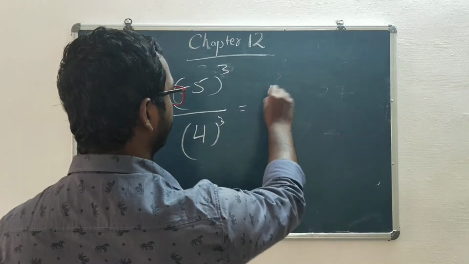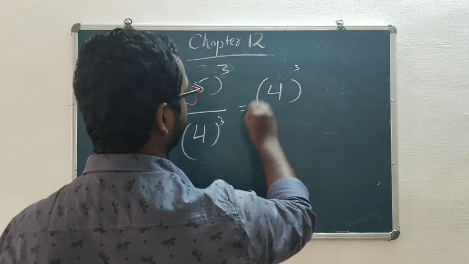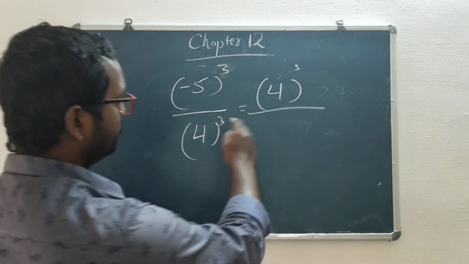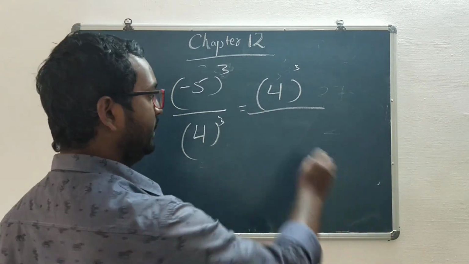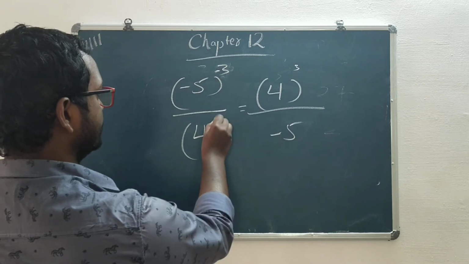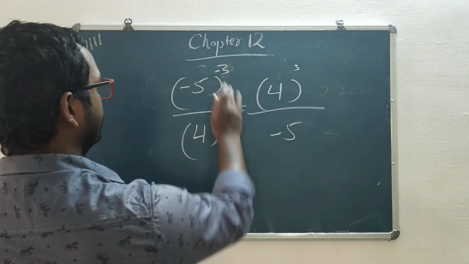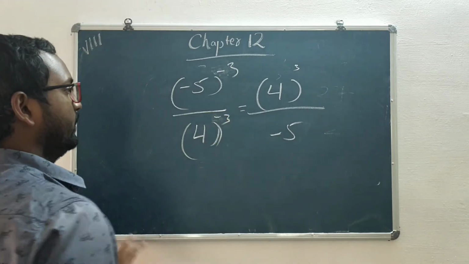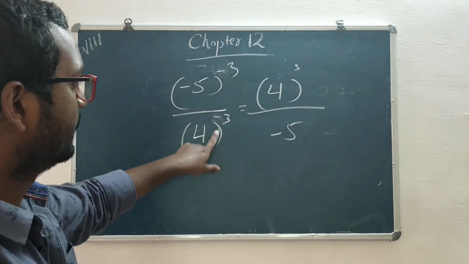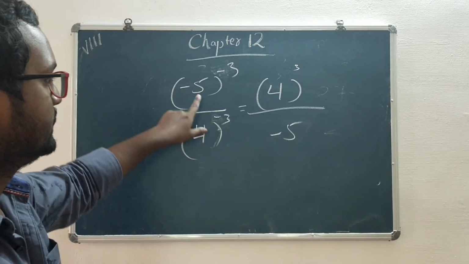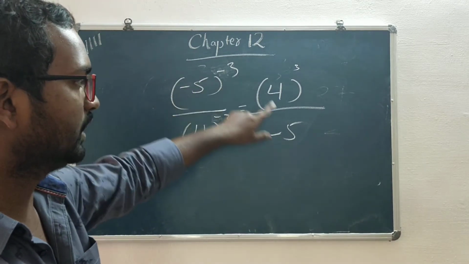So this will become 4 power 3 divided by minus 5, and the power is minus 3. Okay, so whatever number is in the numerator with negative exponents should come to the denominator.